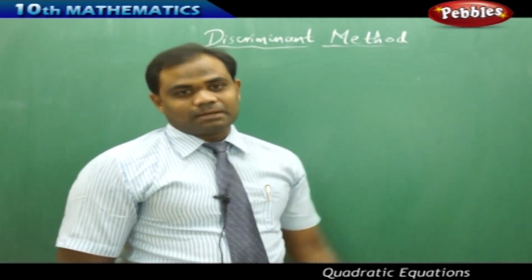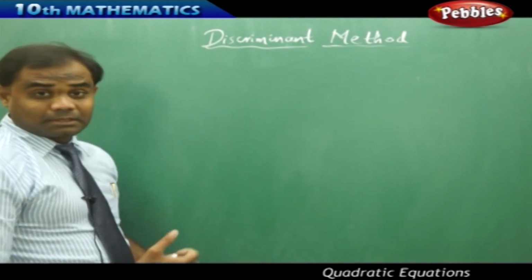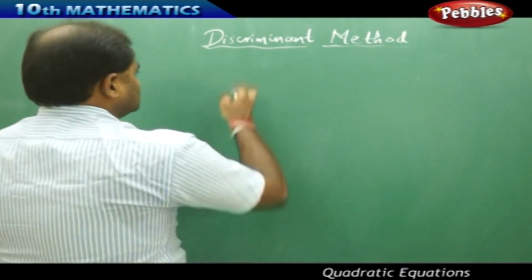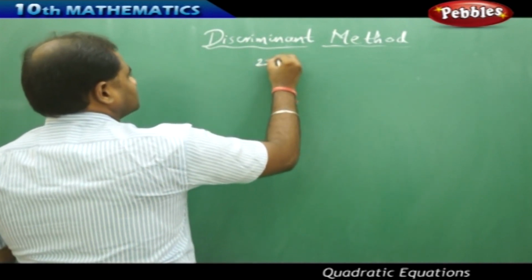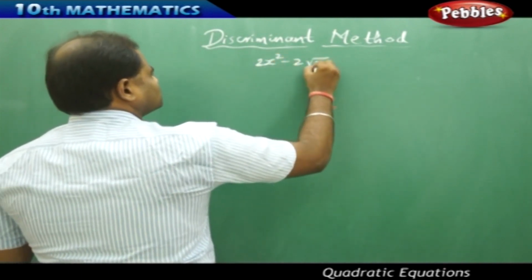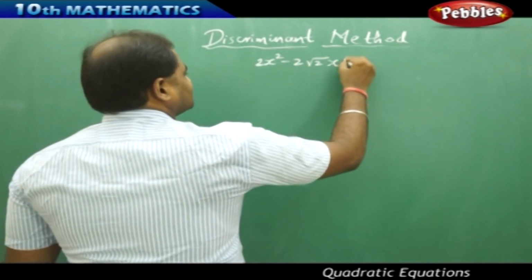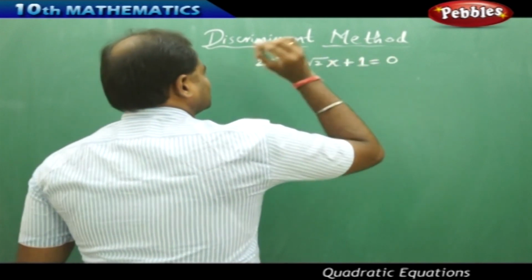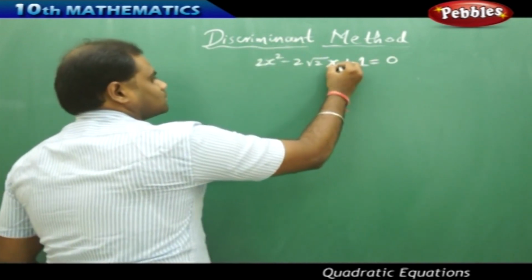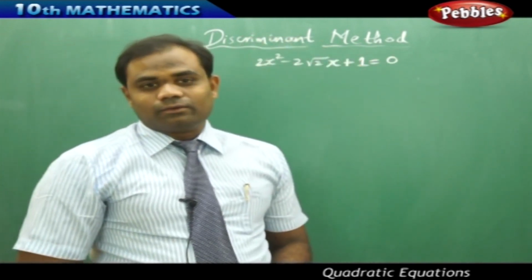Now let's take an example problem to study the discriminant method of finding the roots. So for example, I take a quadratic equation 2x squared minus 2 root 2 x plus 1 equal to 0. Then I need to find the roots of this quadratic equation.